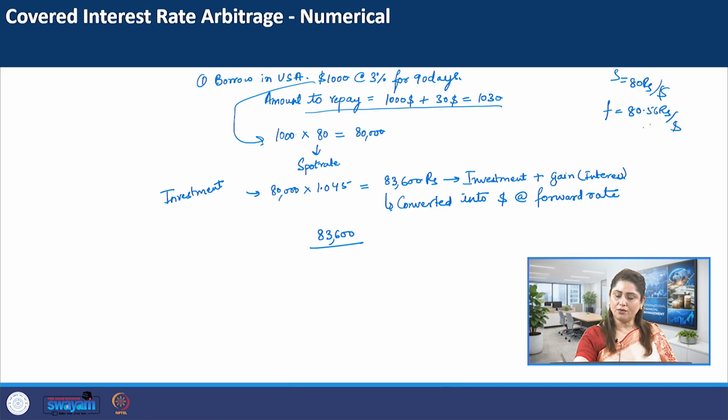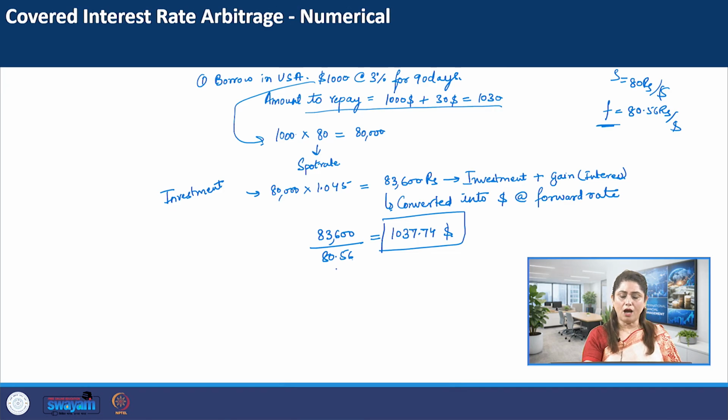So we are going to convert at this forward rate because we are doing it after 90 days, and we had already entered into a contract for this particular rate. Now the value that will be given to us is 1037.74 dollars.